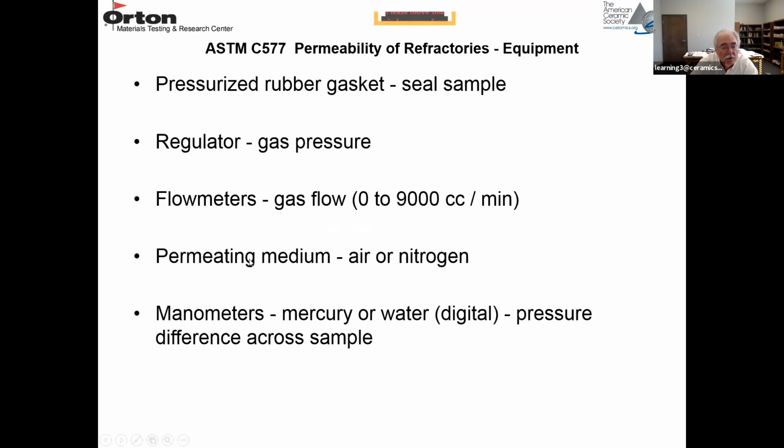You need a gas, the permeating medium, usually dry air or dry nitrogen. And you need a manometer of some type. The old-fashioned way is using a water or a mercury manometer, but you can also use a digital manometer, and that just measures the pressure difference across the sample.